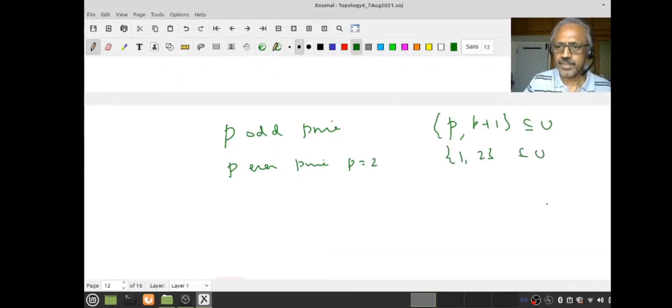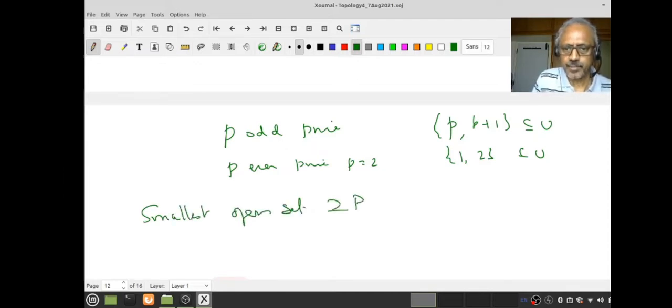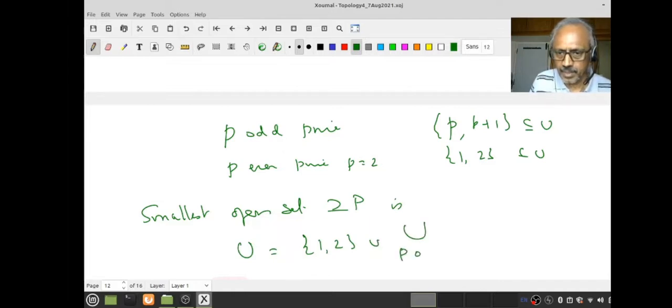You follow that? Now therefore what is the smallest open set containing all primes? It is U, where U equals {1, 2} union, over odd primes P, {P, P plus 1}. Is this open?